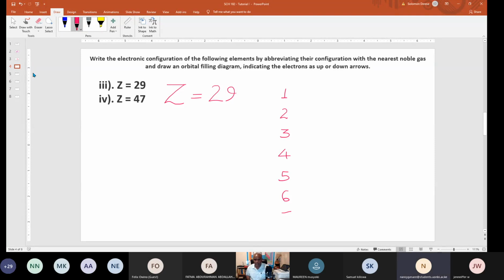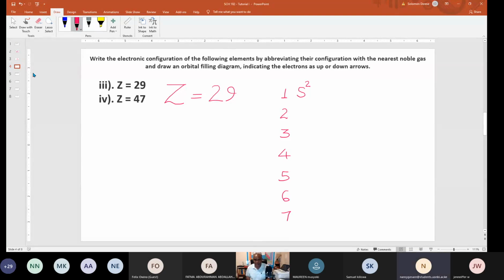We have 7 shells. In the first shell, we have the s subshell. In the s subshell, there is only one orbital, and that orbital carries 2 electrons. This s subshell exists in all the different shells.